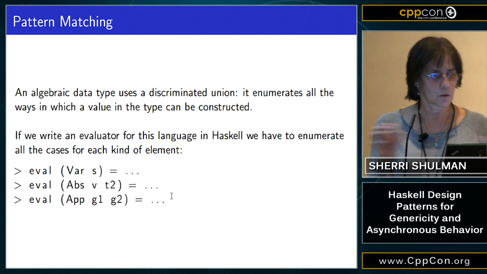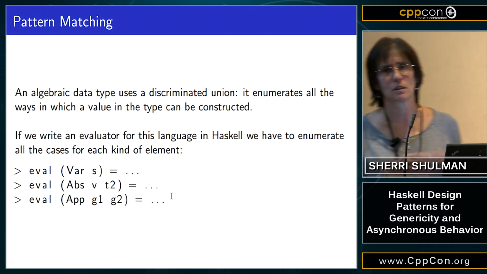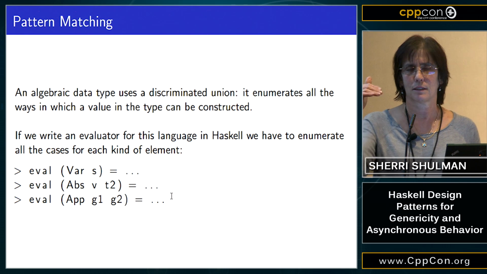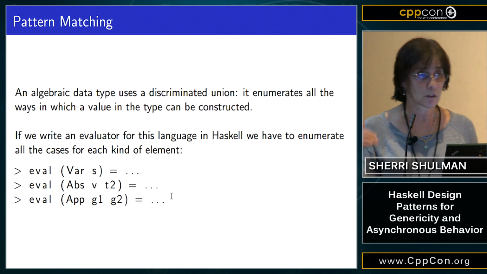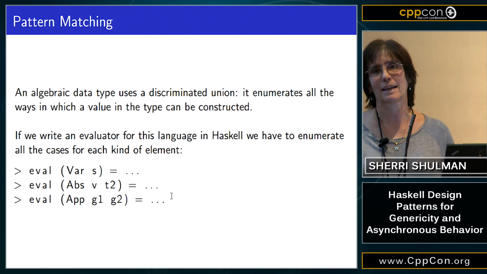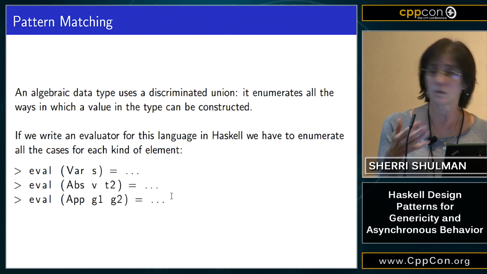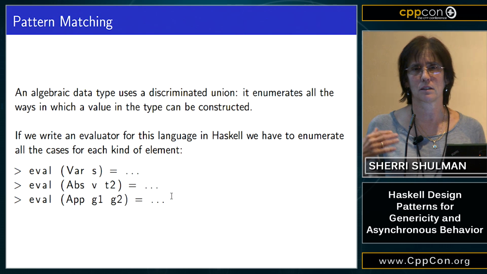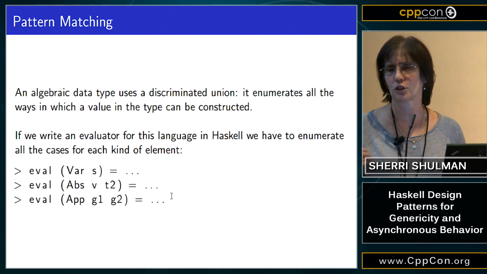So when I write functions using an algebraic data type, I'm going to have to give the criteria, or what the action of the function should be for each one of those discriminated elements. The style in Haskell is actually to give a distinct rule for each case.